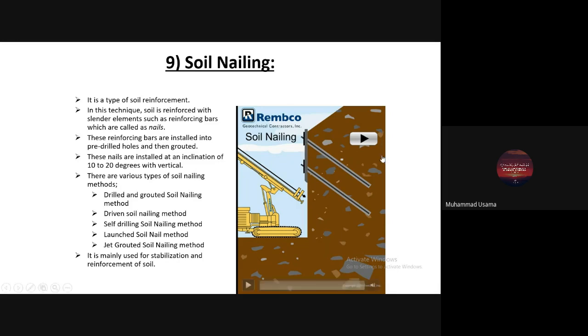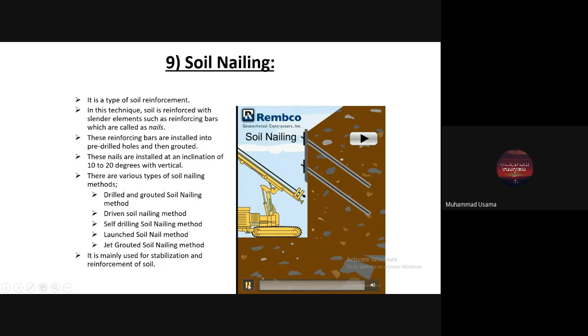The nails are installed at about 10 to 20 degrees with the vertical, or maybe at a larger degree with the vertical. In the video, it is at a larger degree. There are various methods for installing soil nails in the soil; the names of the methods are given here. It is mainly used for the stabilization and reinforcement of the soil.